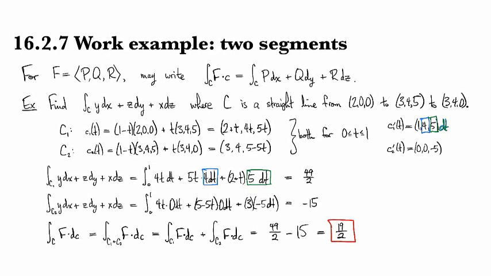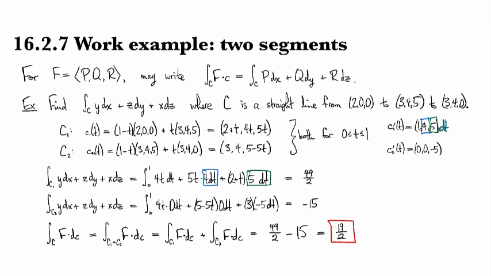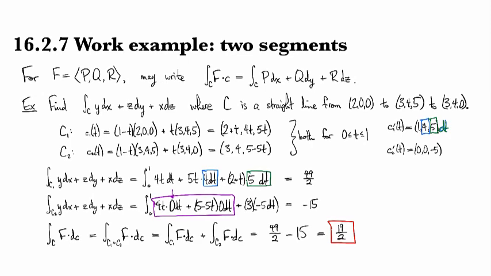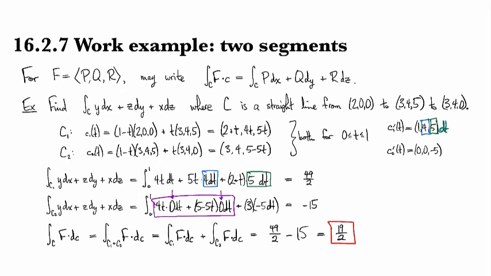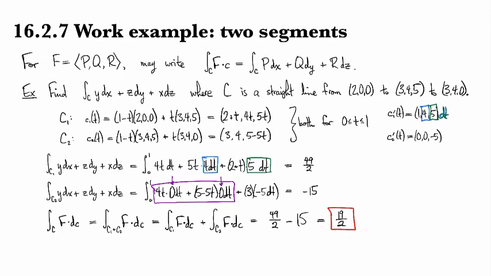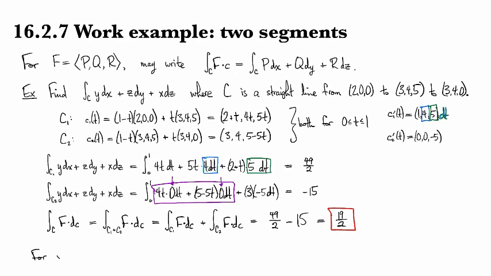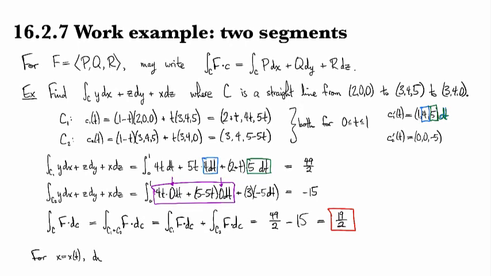The other thing is that I just want to go back and look at what happened here. These guys zeroed out because of that part right there. And so what did we see happen here? Well, this is a thing that happens more generally. For x, dx is x prime of t dt.